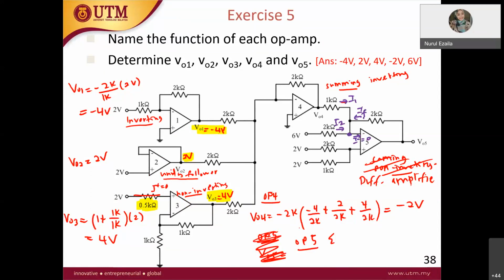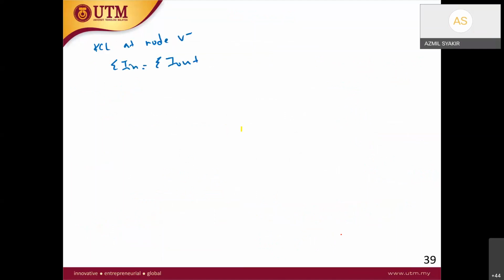So the current into this node is I1 plus I2, also plus IF, am I right? Yes. So in this case you have I1 plus I2 plus IF equal to the I minus, which is 0.